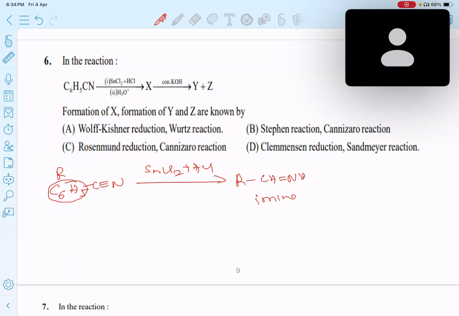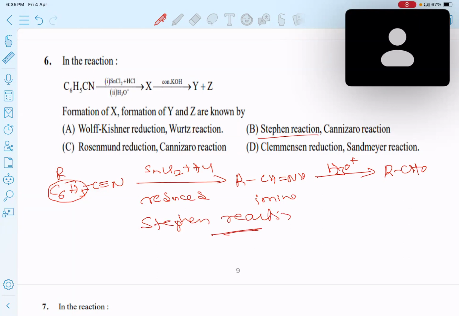So nitriles undergo reduction to imine, then followed by hydrolysis. So the imine in the presence of water, followed by hydrolysis, gives the corresponding aldehyde. This reaction is known as the Stephen reaction.